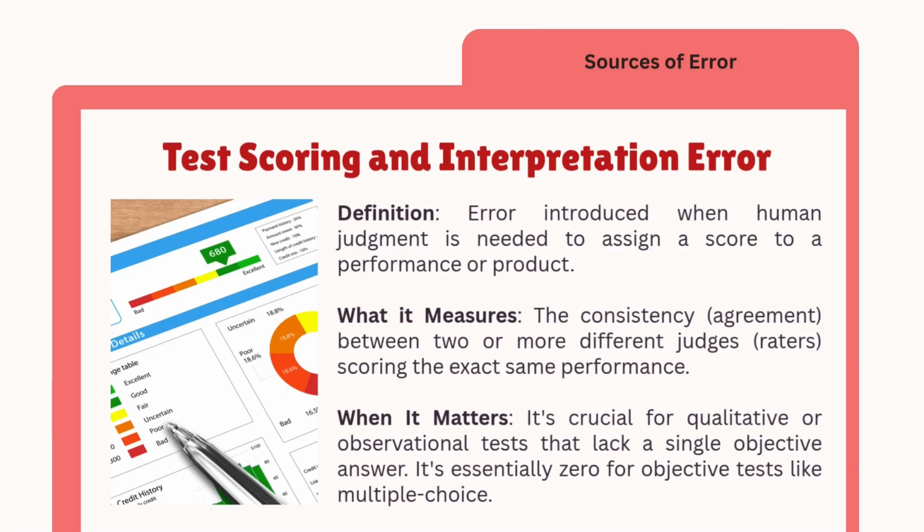So this is super important during qualitative or observational tests, things that don't have a single objective right answer. So this includes essays, art projects, job interview answers, or even gymnastic routines. So for a multiple choice math test, this error is basically 0 or almost non-existent because the machine or the key scores it perfectly every time.